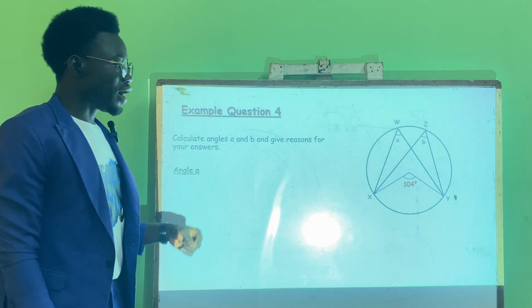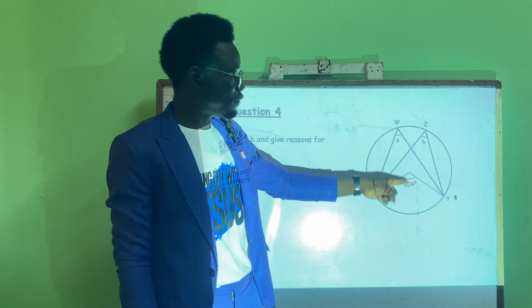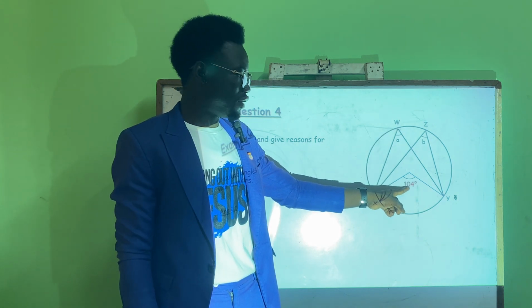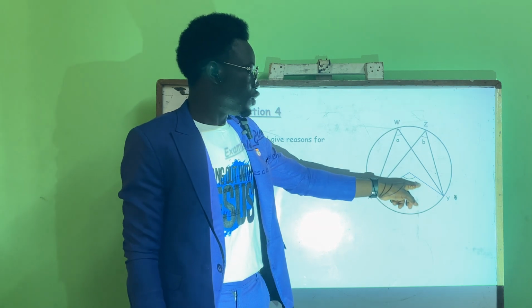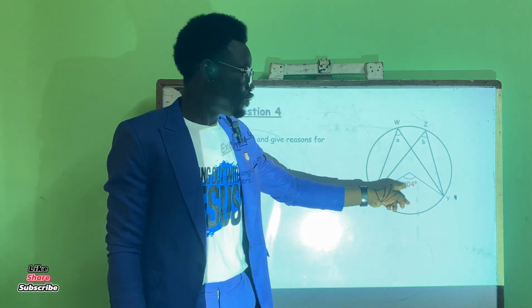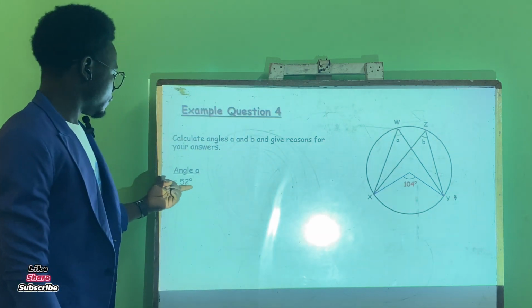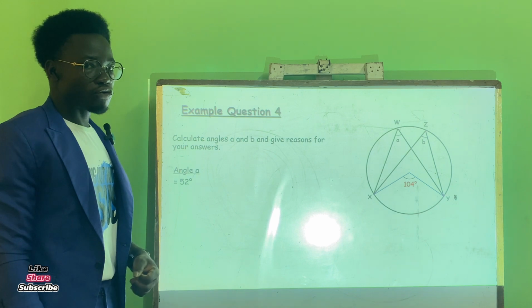The previous one, we looked at the property that the angle at the circumference is half the angle at the center. So just look at the property. Angle at the circumference is half the angle here. So if here is 104 degrees, what will be here? This is half of this. So it means that you're going to divide this by 2 to get 52. 52 plus 52 will be 104 degrees.